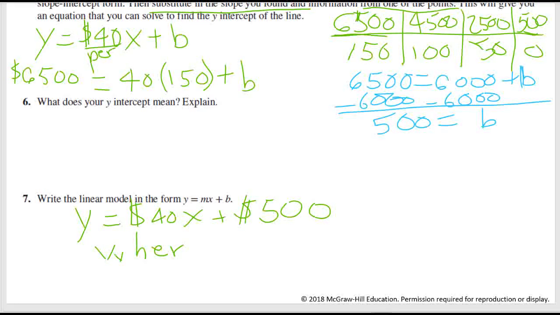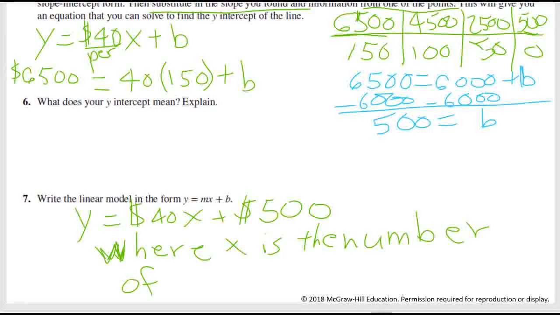And we want to get in the habit, it's not a big problem if you didn't do this, but where x is the number of guests, we do want to get in the habit of explaining our variables, and y is the cost.